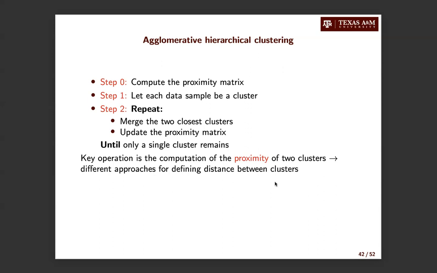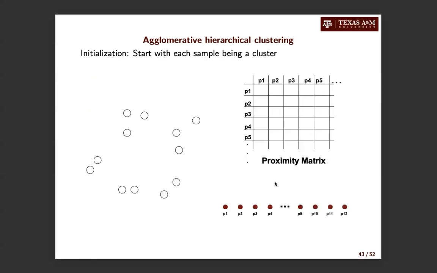So as part of this approach, we merge the 2 closest samples or the 2 closest clusters together, and then we update the proximity matrix in order to include these revised changes. This proximity matrix is represented as we see in the right figure here.